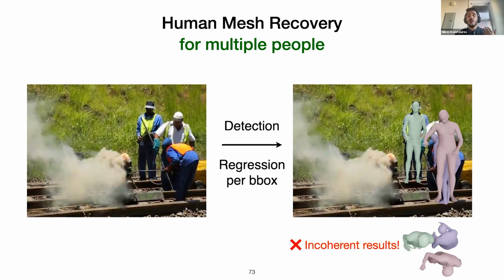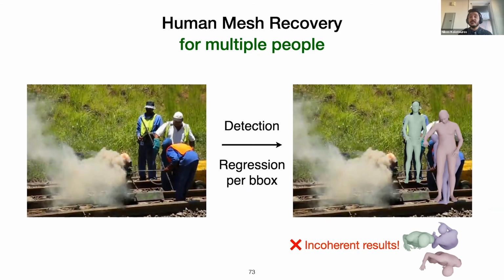Perceptually, what we care more about here is the coherency of the holistic result. As we advance towards holistic scene understanding, we want to be able to perceive not only the local pose of each person, but also the relative positions, their proximity, their interactions, the potential contact with other people. We didn't get these details correct here. The independent pose of each person is reasonable, but if we compose the results together, the output is not accurate.